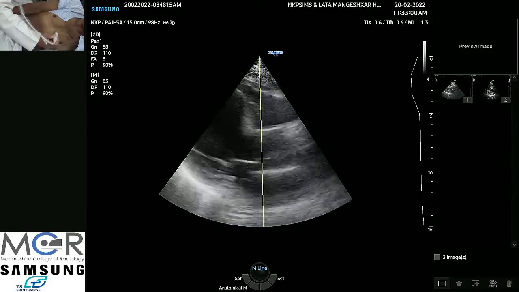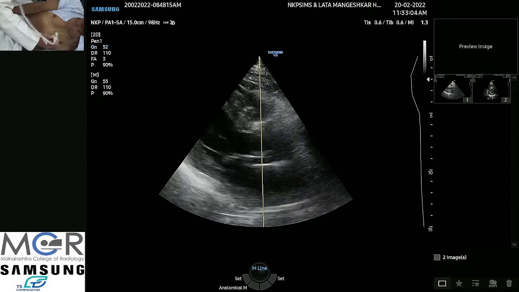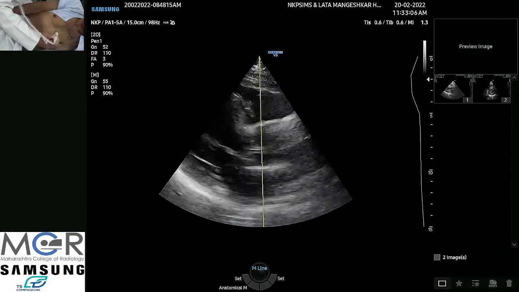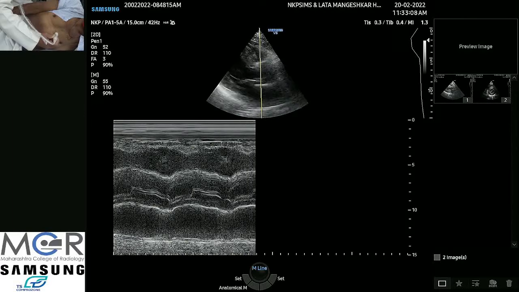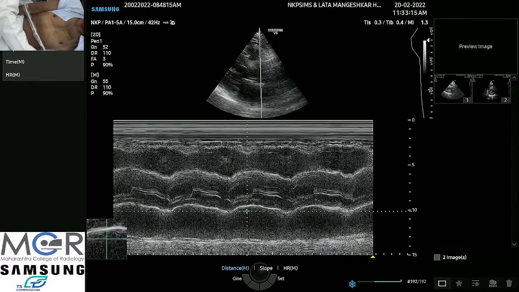You can see the aortic root, aortic valve. A clear picture should be taken and then press M mode. So, aortic root measurement. This is the maximum dimension, this is the minimum dimension. You have to take the maximum one.